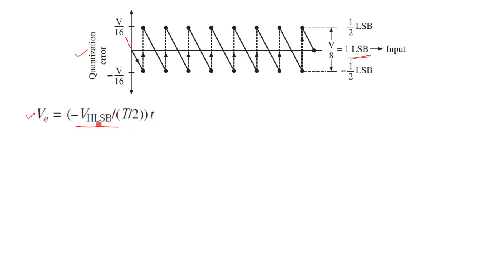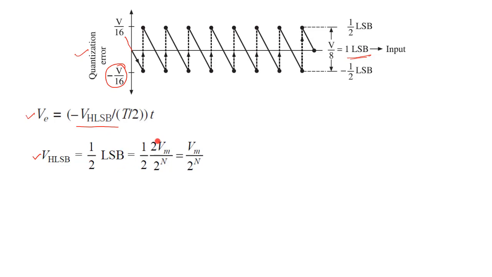So, this V_H LSB is nothing but this V by 16, that is called half LSB. So, half LSB voltage, right. In order to generalize the expression, we have written minus V_H LSB by T by 2 times t, and obviously V_H LSB will be equal to half LSB.